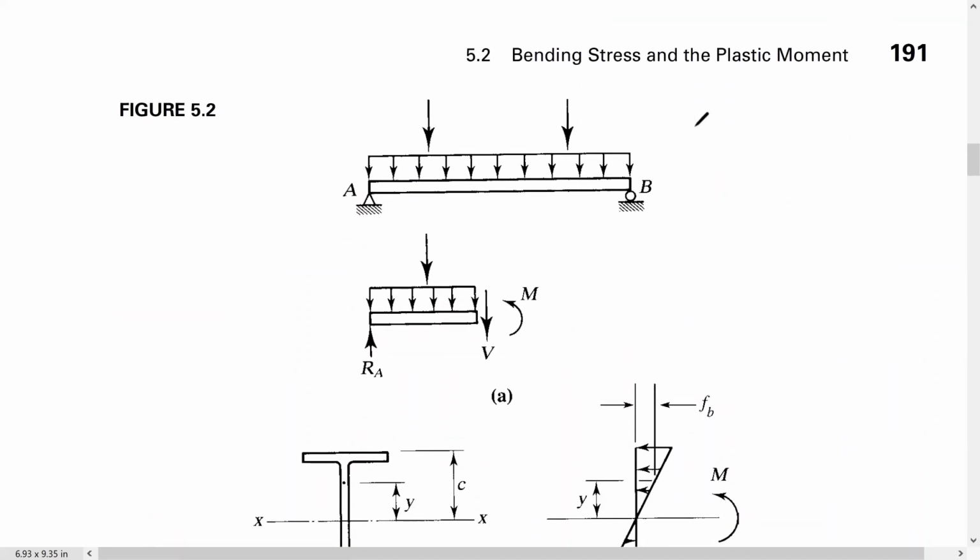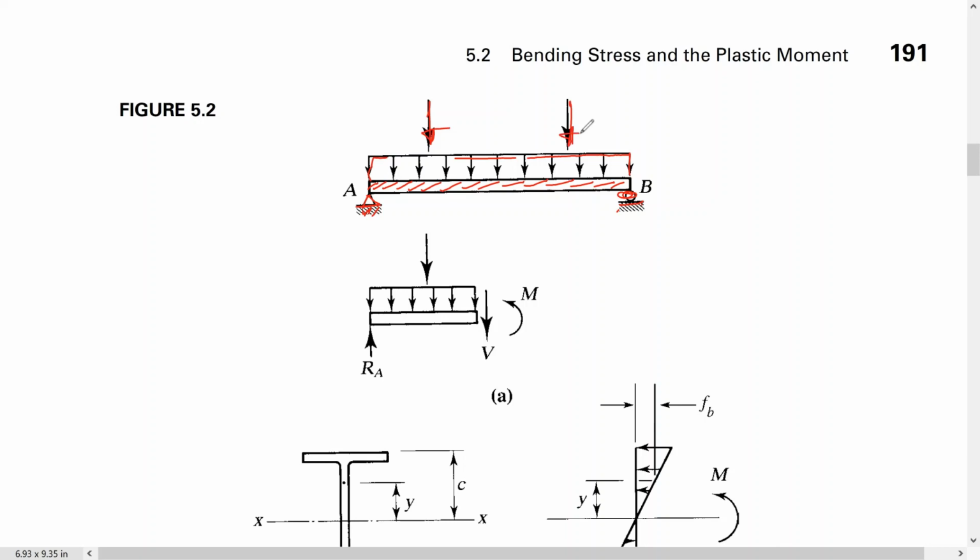If we do have this beam, this is a simply supported beam, because there is a pin here and a roller at the other end. So, and loaded with a uniform distributed load, and we do have two single concentrated loads.